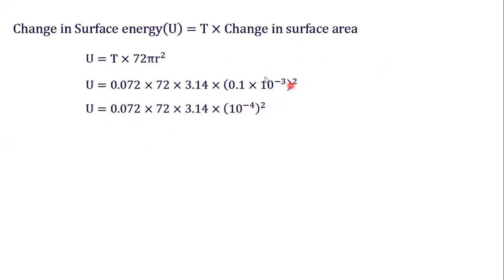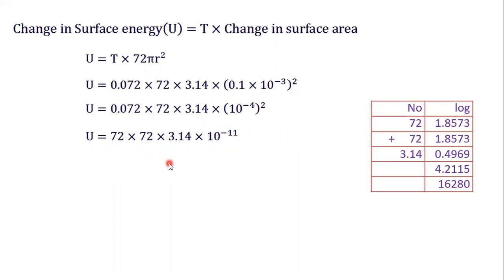After solving this, 0.1 into 10 raised to minus 3 is equivalent to 10 raised to minus 4, and this is squared. So we have to simplify it more. Here we did the shifting of the power. So 10 raised to minus 4 squared is 10 raised to minus 8. We shifted the decimal point by 3 digits, so it is 10 raised to minus 11.